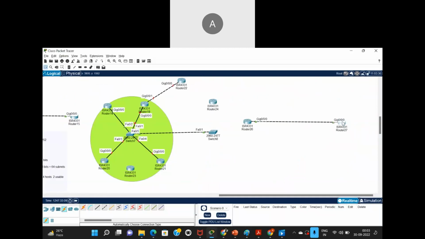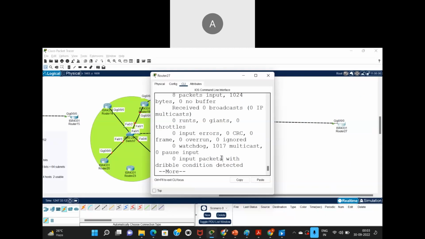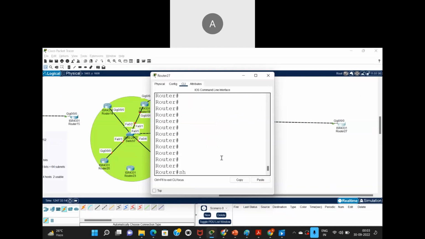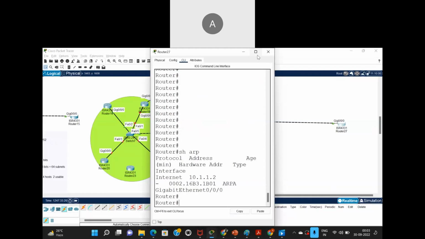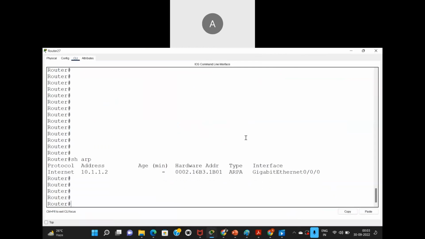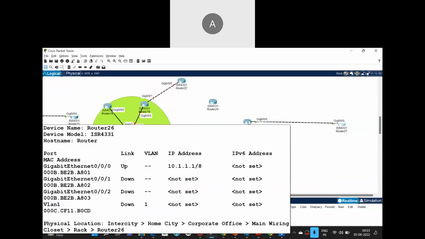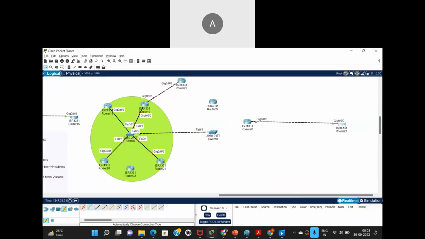If I just change the show ARP, I already have an entry, but let me just change the IP address here and it should work. What is this IP? 10.1.1.